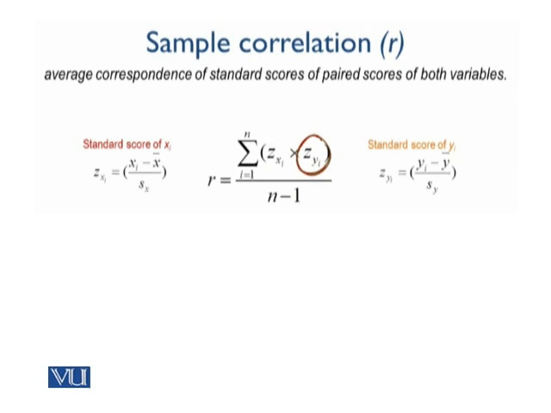So if we are estimating from a sample, and this is by the way the sample correlation coefficient, we would then have n minus 1 in the denominator. We've seen this before, that if you want to estimate the average of a population when having n degrees of freedom, in other words, you have n items and you're trying to take an average, you would be dividing by n minus 1. So that's the reason we have n minus 1 here.